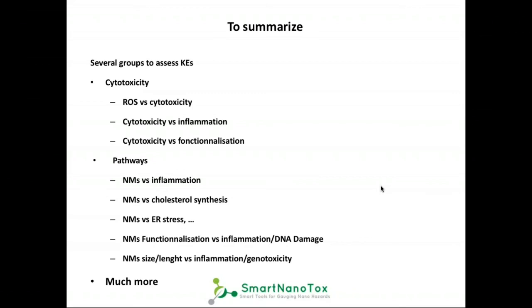But we can also group nanomaterials by their functionalization status, mainly versus inflammation or DNA damage, but also by nanomaterial size or length, grouped versus an inflammatory or genotoxicity answer. There are many more, but we have no time.